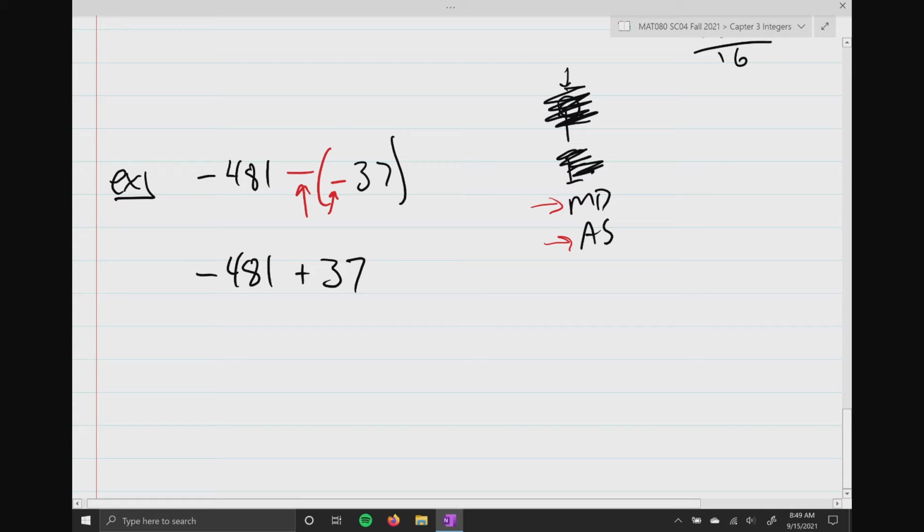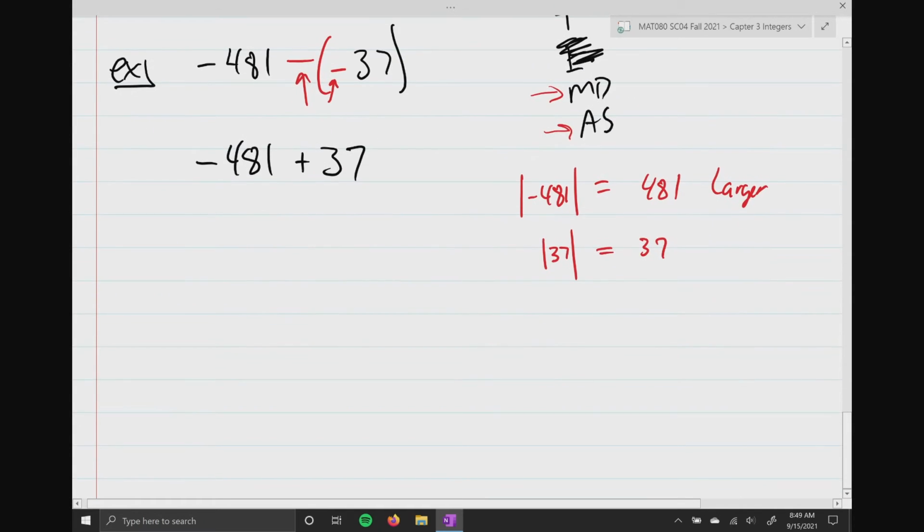So now that we rewrote the problem, we can apply one of our rules. The signs of the numbers are opposite, so I'm going to find the absolute values of each: 481 and 37. Clearly, this one is the larger. So that's step 1.